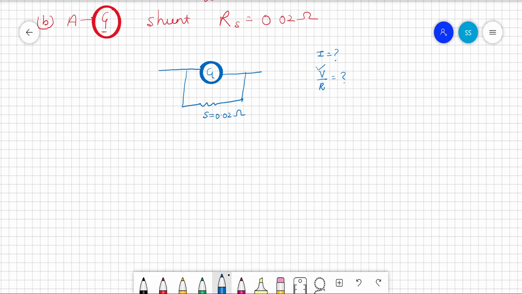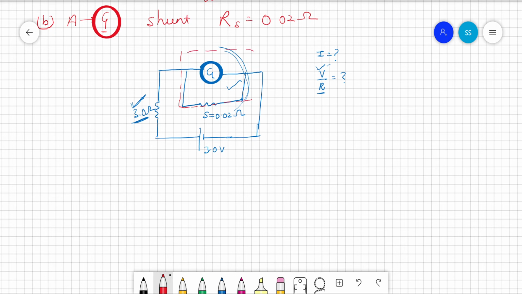Clear? So we know the value of V, the voltage. We have to find out the total resistance, and this combination is connected to a 3 ohm resistance, which is connected to a 3 volt battery. First of all, I have to find out the effective resistance of this one. So let us solve first what would be the effective resistance of this one.